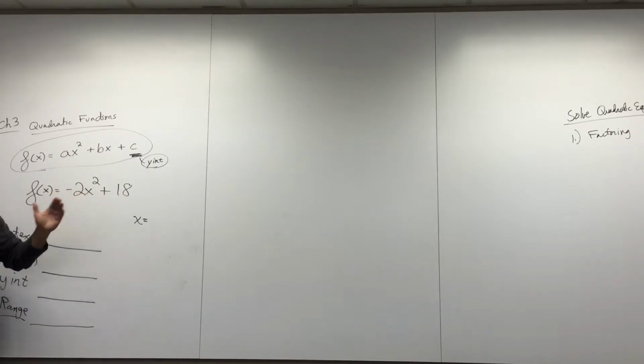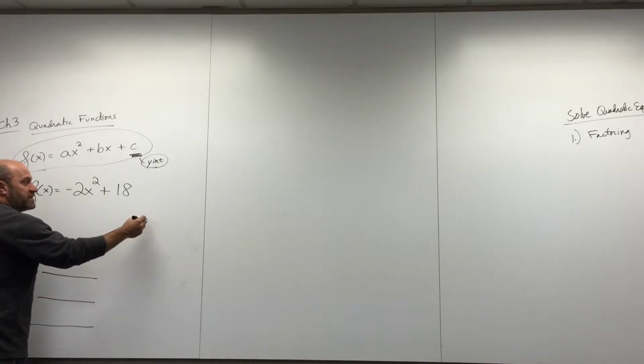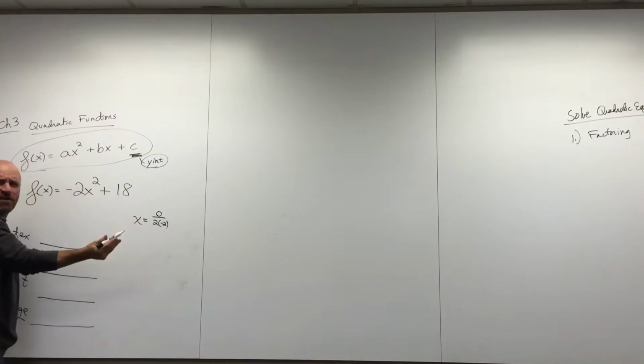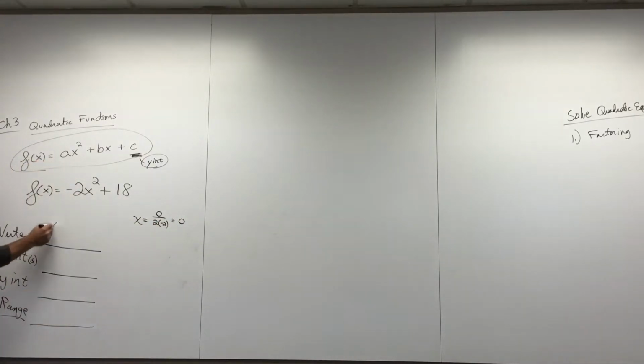When b is 0, the x value is negative b, b is 0, all over 2a. I mean, that doesn't even matter. 0 over any number is 0. So the vertex x value is 0.